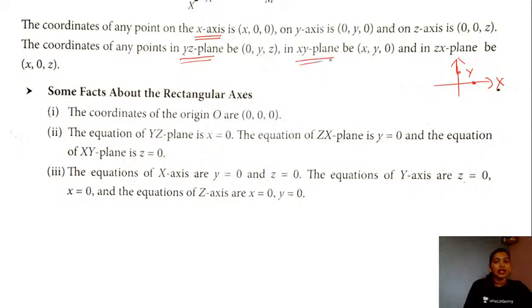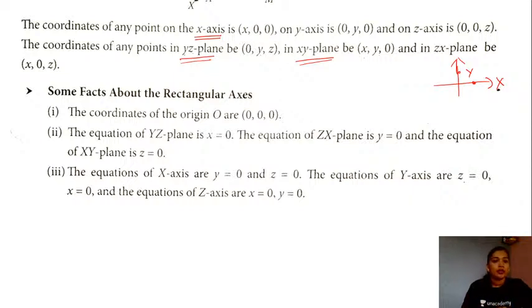In the xy plane it will be (x, y, 0), and in the zx plane it is going to be (x, 0, z). I hope you are clear with the representation of points which are on the axes, in a particular plane, or in general in the entire three-dimensional setup.